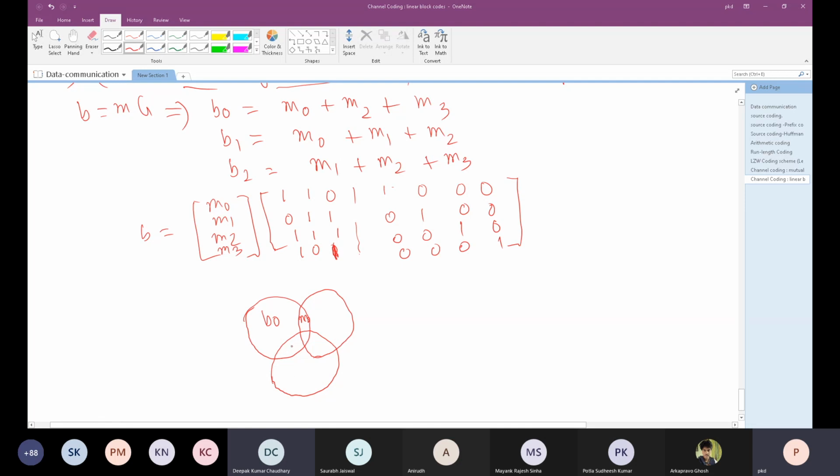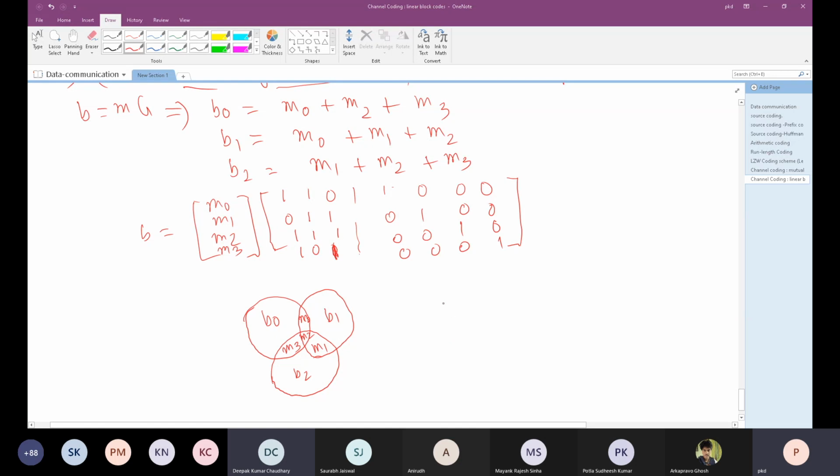If I put B2 here, this would be M3. And then this would be M2. Then B2 is M1 here. And this is matching, I think. Yes, it is all right. M0, M1, M2.